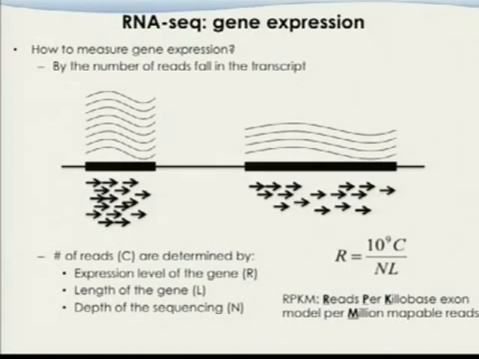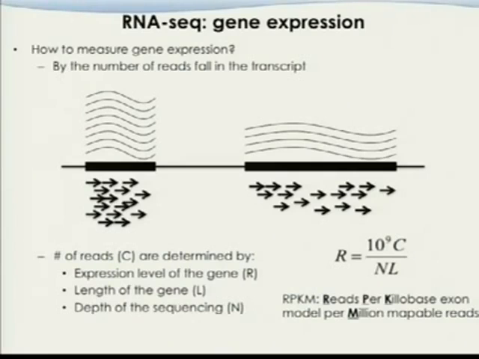For the gene expression part, there is something called RPKM measurements. The point here is how do we measure gene expression based on the sequencing information? You have one gene, and some of them express more, others not as much, but this one is longer than that one.